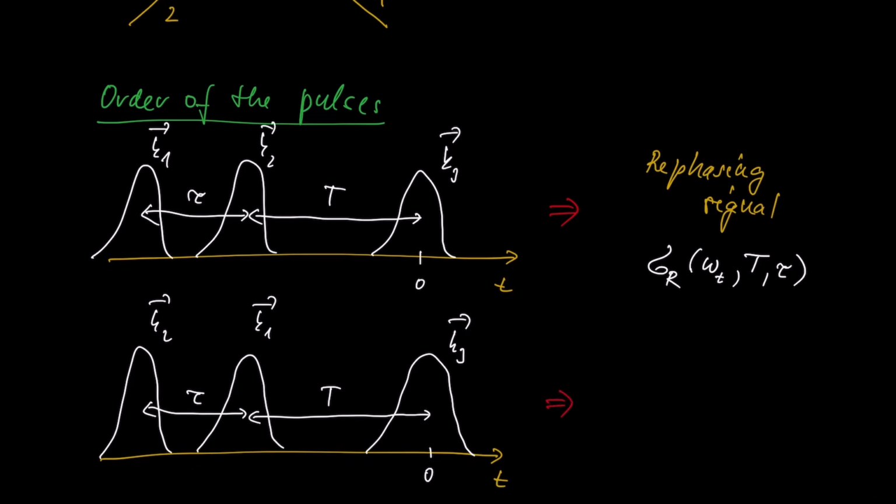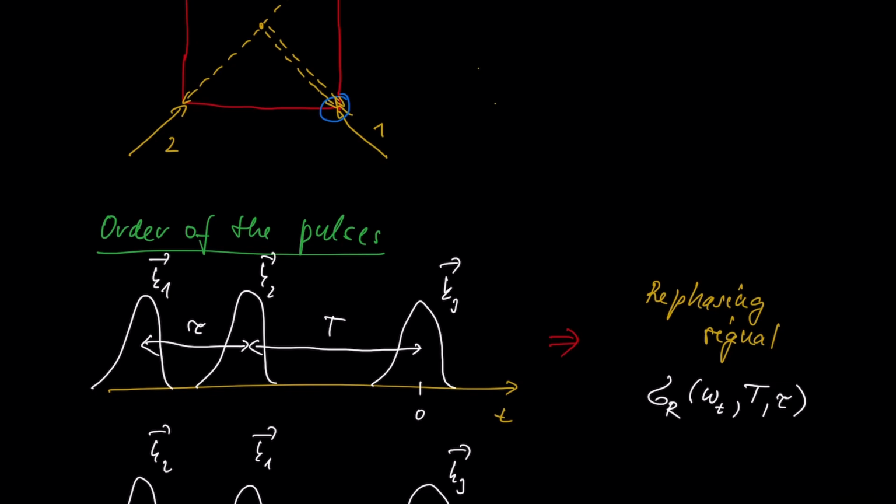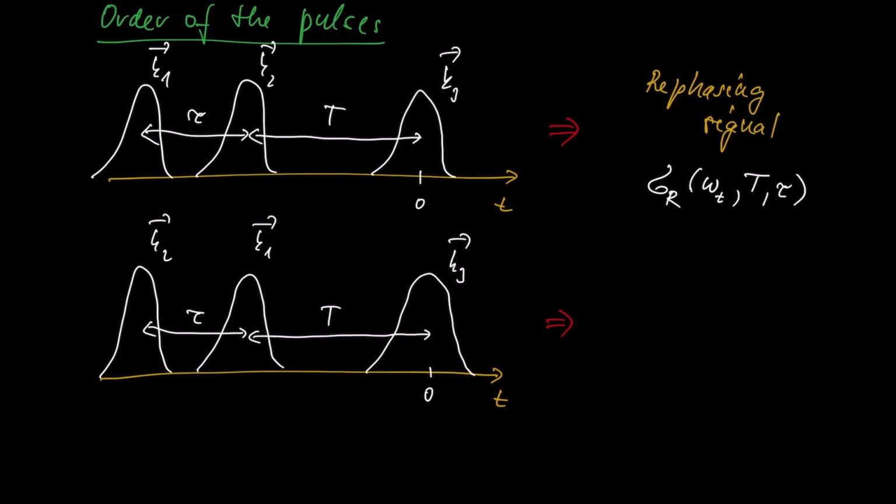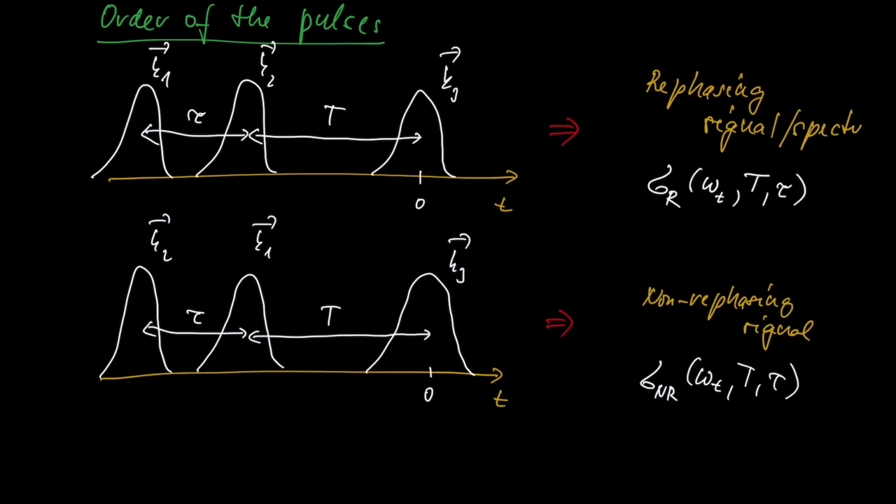And in this situation, in the direction minus K1 plus K2 plus K3, which is the one that we have marked with blue here, we get the so-called non-rephasing signal, which is measured basically exactly the same, just the order of the first two pulses is different. So this is the non-rephasing signal, or non-rephasing two-dimensional spectrum. So these are also spectra.